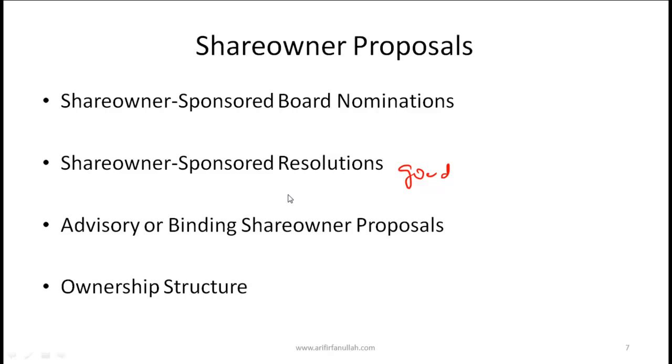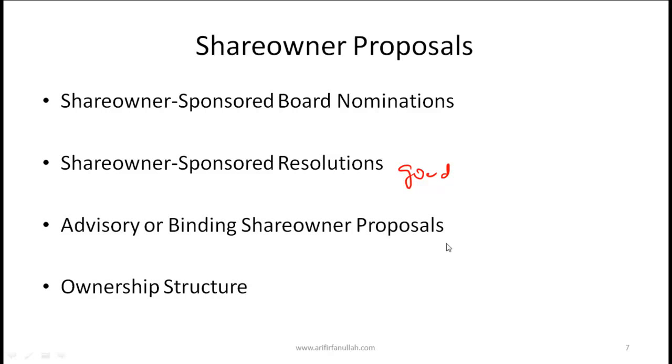The next point is we need to determine whether the board and management are required to implement proposals that shareholders approve. Ideal case scenario is that shareholders can propose new resolutions, and if shareholders vote a resolution in, in a good corporate governance setup, the board and the management would be obliged to follow what the shareholders are saying, especially if those proposals have been approved by shareholders.